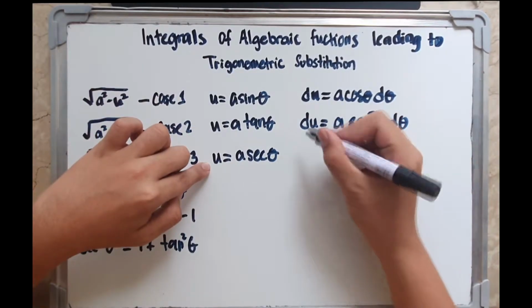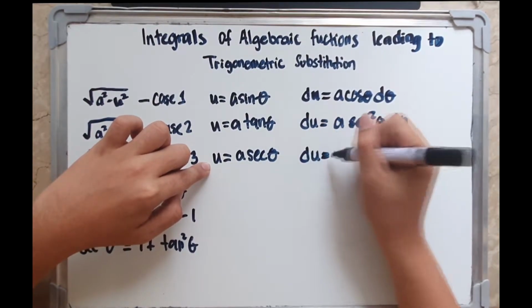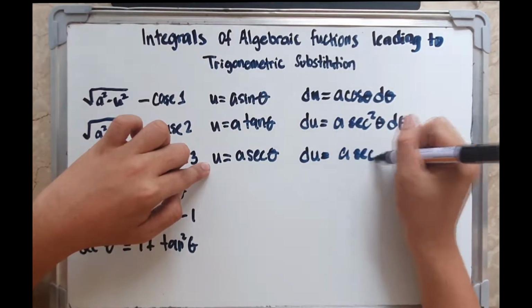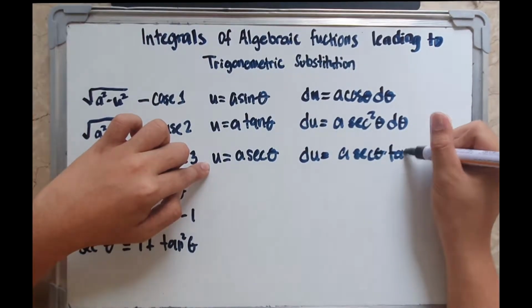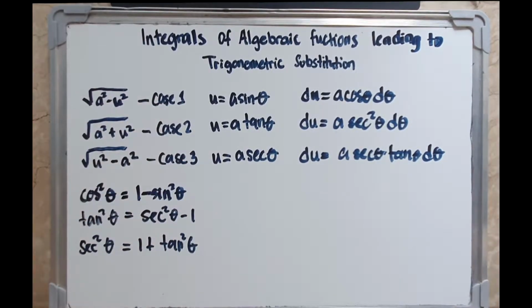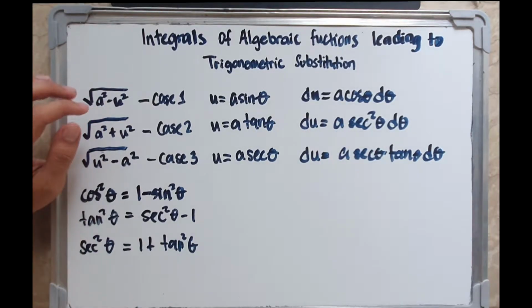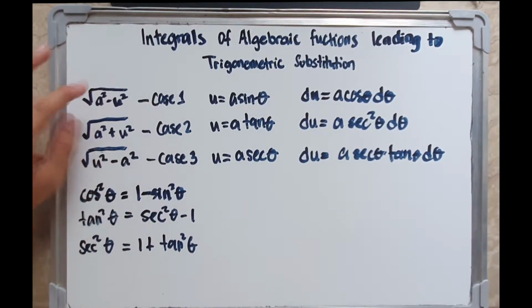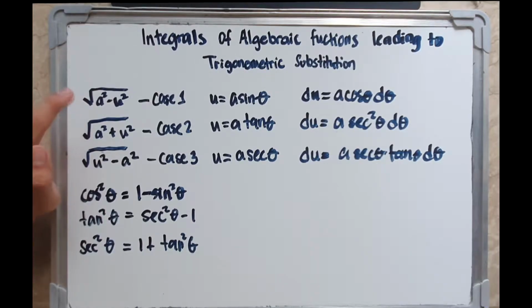The derivative of this u, that is a secant theta tangent theta d theta. Okay, so this is the technique. Why are we doing this? Again, as I have mentioned, we are trying to eliminate this radical symbol right here.